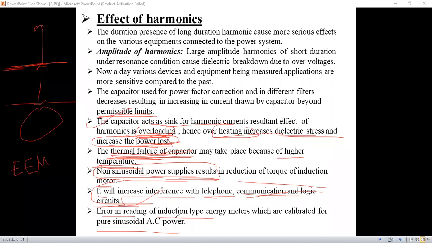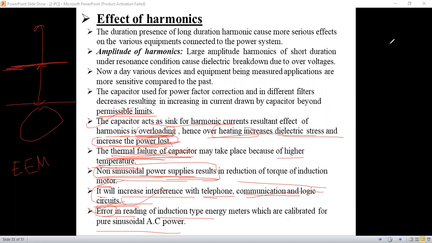But in induction type energy meters it is difficult to get the exact value, and not getting the exact value is what we call error. So because of the harmonics, because of non-sinusoidal power supply or waveforms, we get error in reading of induction type energy meters, which are already calibrated for sinusoidal waveforms. I will give an example here.